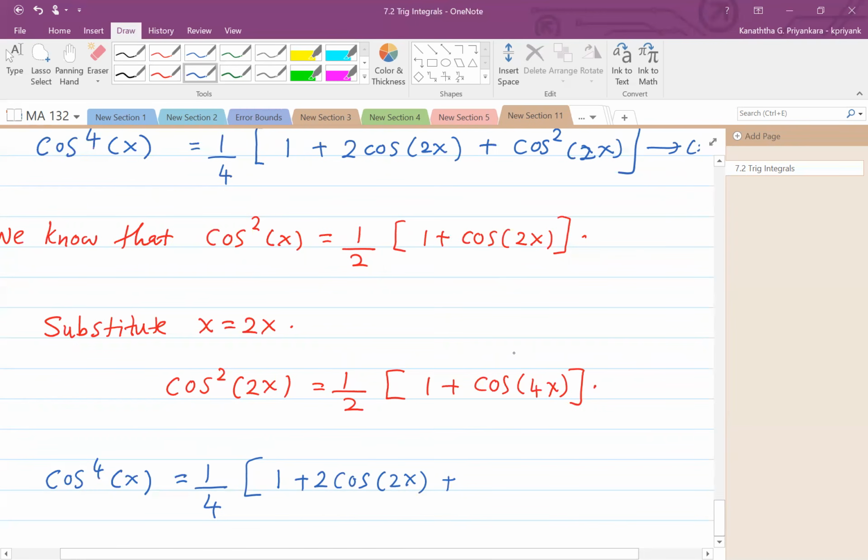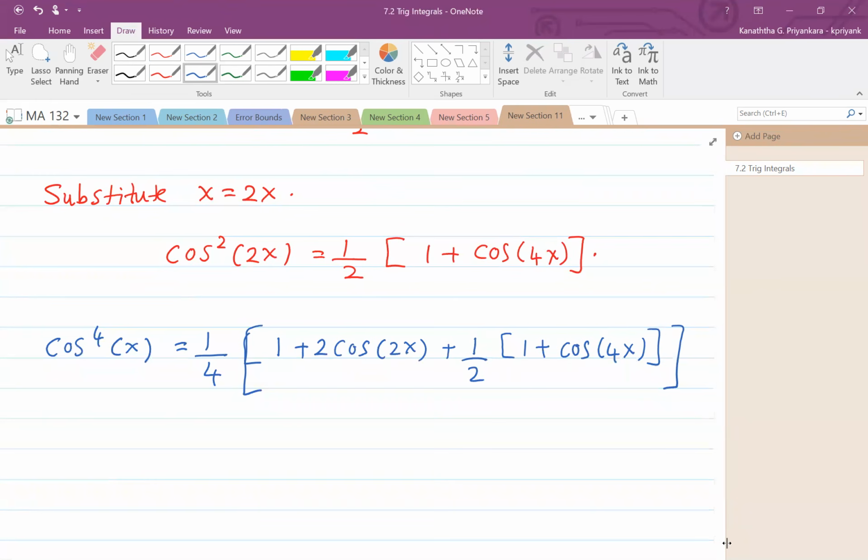We can substitute this whole thing for cosine squared 2x. So we get 1/2 times 1 plus cosine 4x. So that would be this whole thing. Now I'm going to multiply each term by 1/4 and get the simplified expression.